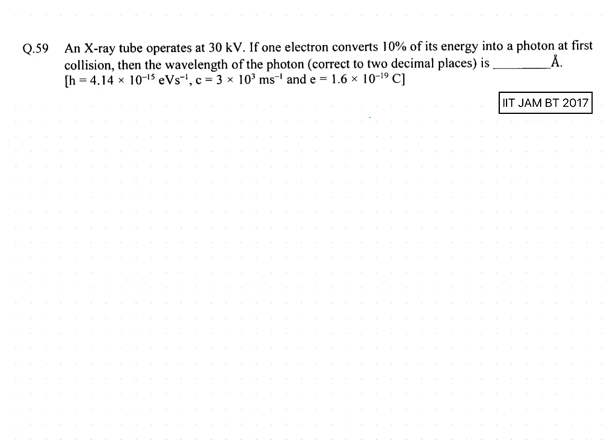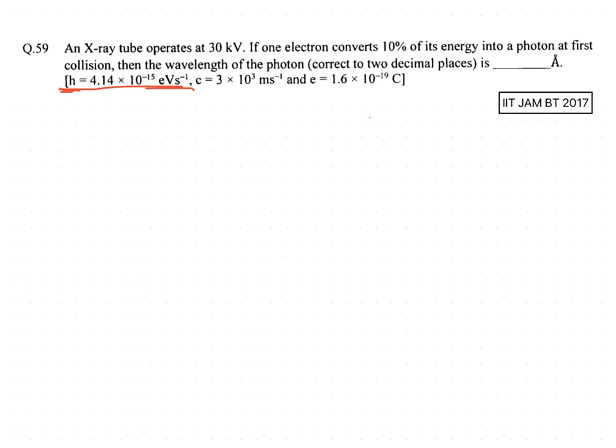Given is h equal to 4.14 times 10 to the power minus 15 electron volt per second, c equal to 3 into 10 to the power 3 meter per second, and e equal to 1.6 into 10 to the power minus 19 coulomb. First of all, I should say that the unit of h, Planck's constant, is wrongly stated.